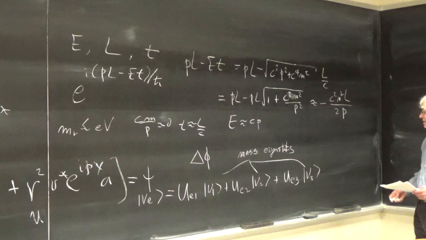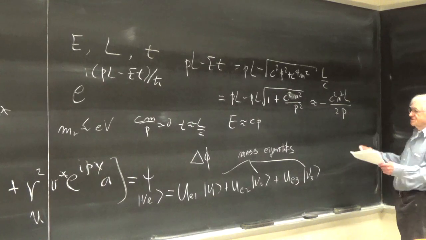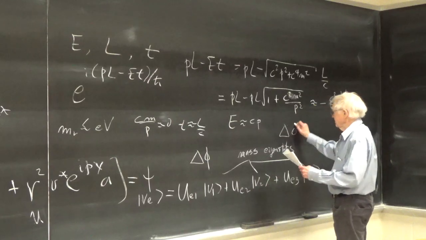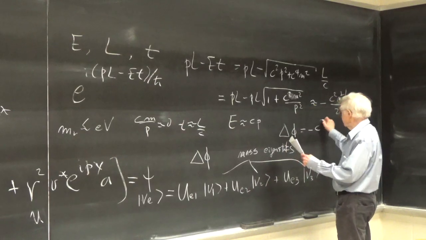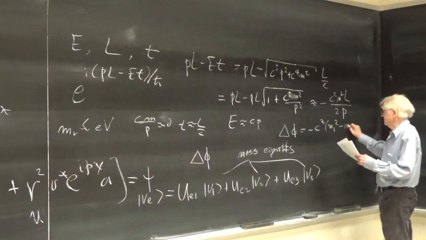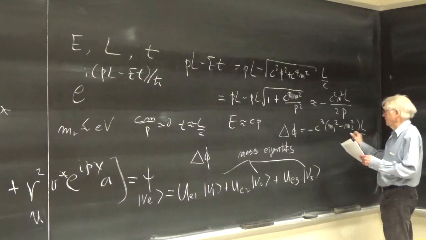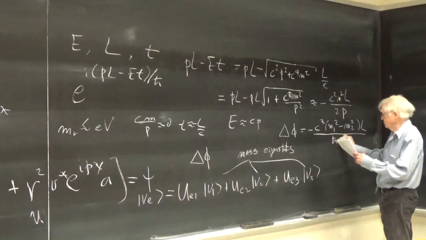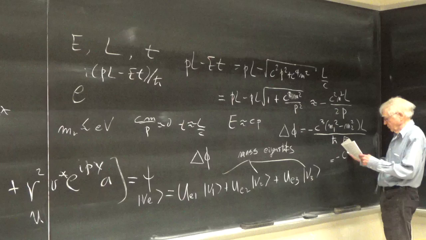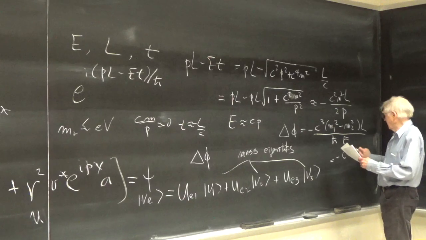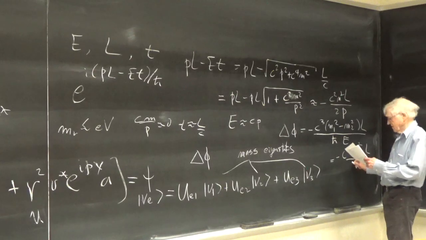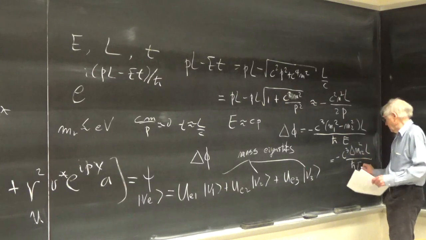And in particular, if we just do the 2 neutrino approximation, then Δφ is minus c³(m₁² − m₂²)L over ħE. And this is written as minus c³ Δm²₁₂ L over ħE.